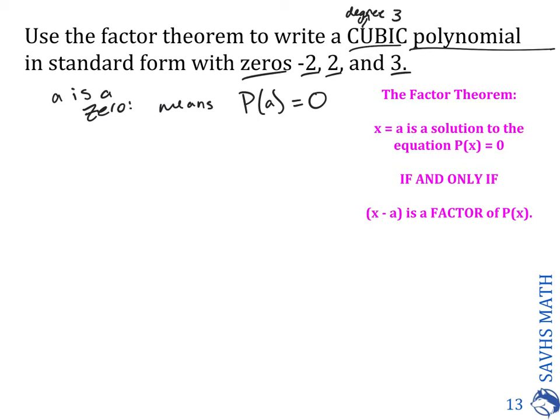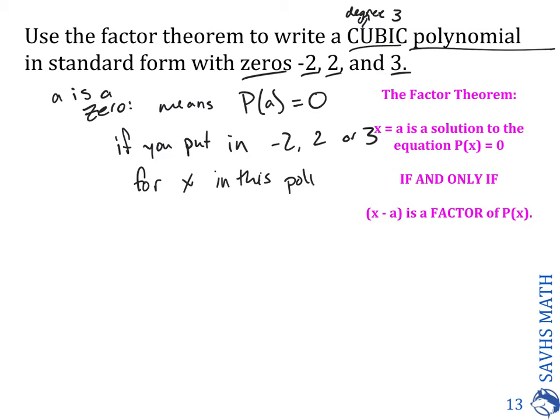So if you put in -2, 2, or 3 for X in this polynomial, you will get 0 out. So these things are solutions to the equation P of X equals 0.